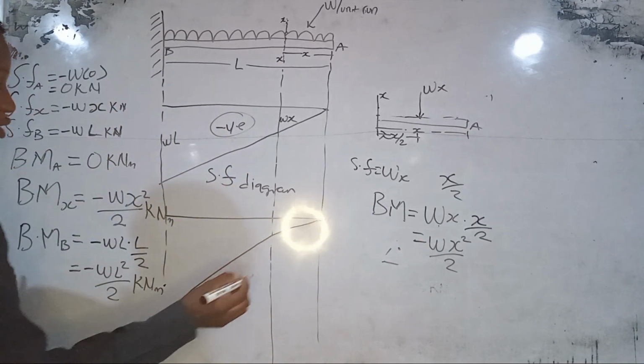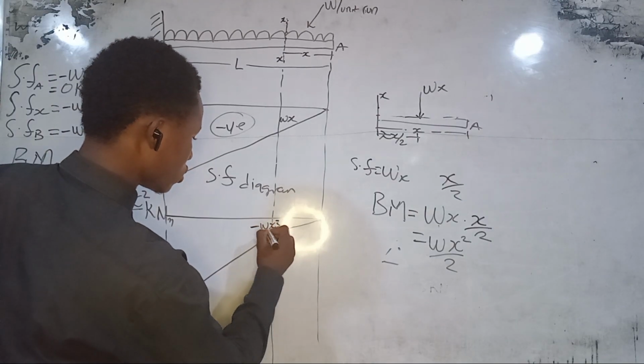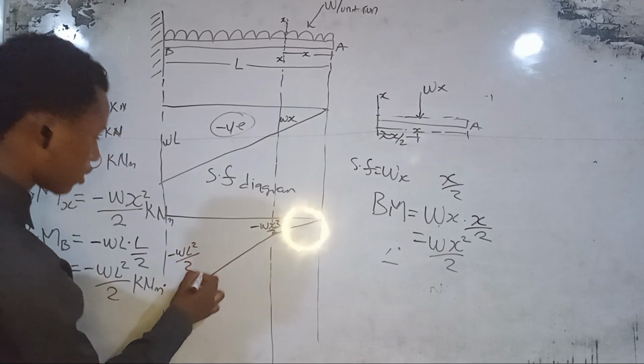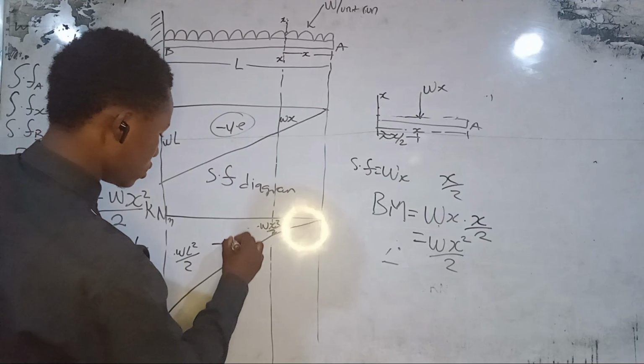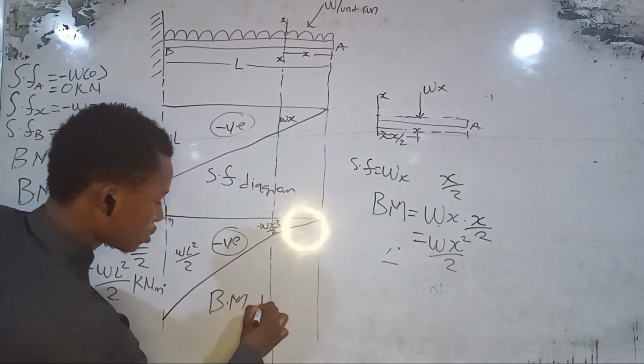Here is minus W x squared over 2, and here is minus W L squared over 2. Let us remove the minus sign, but you know that everything here is negative. So this is the bending moment diagram.